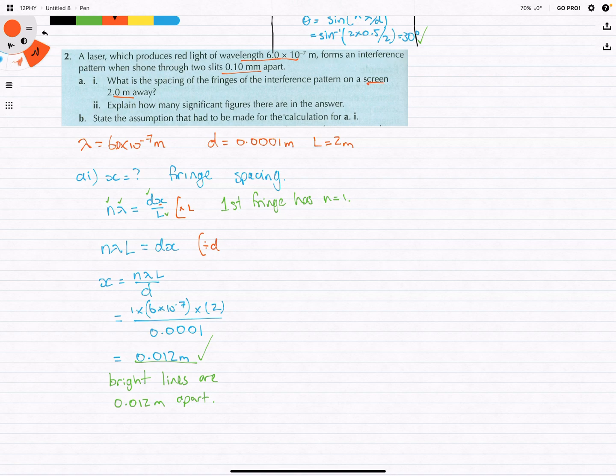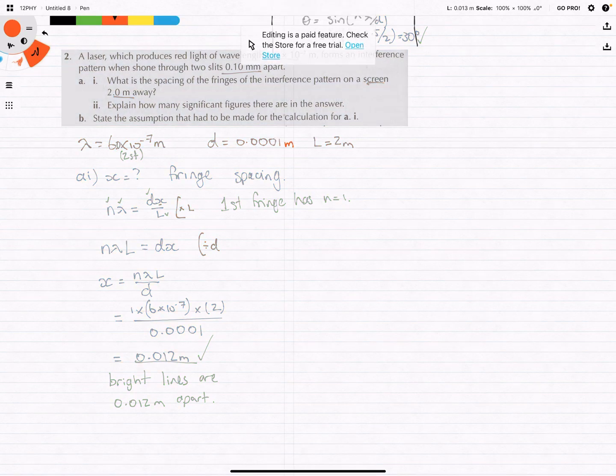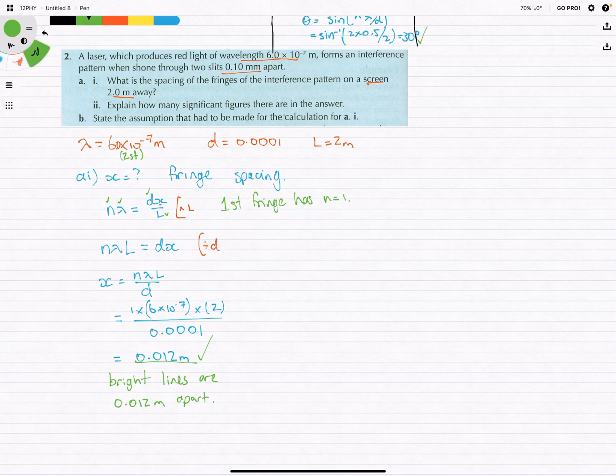How many significant figures does our wavelength have? 2 SF. The 0 is significant. How many significant figures does our slit spacing have? Again, 2 SF. There's a 1, 0, and that 0 is important.